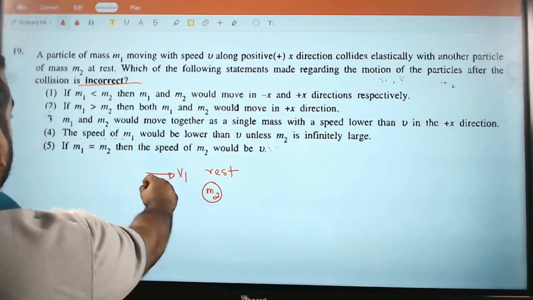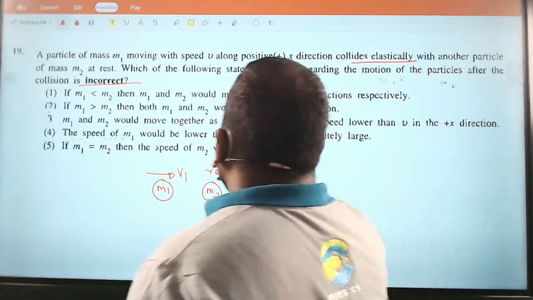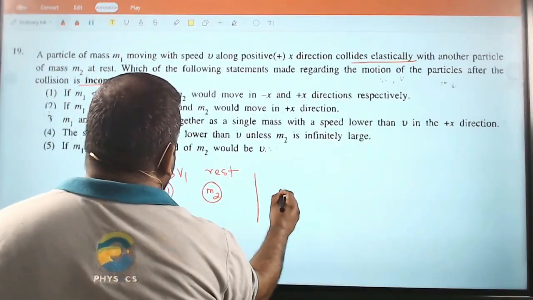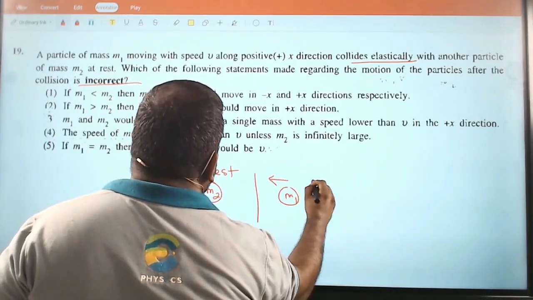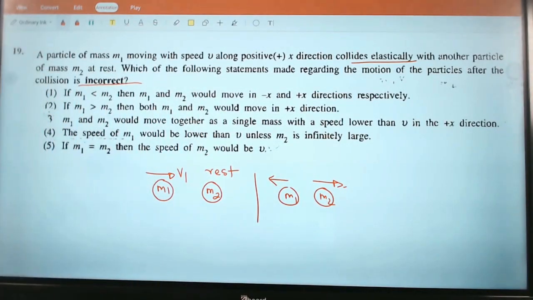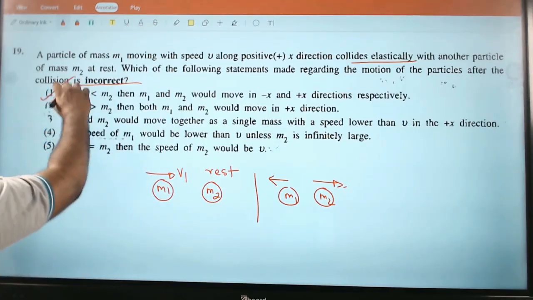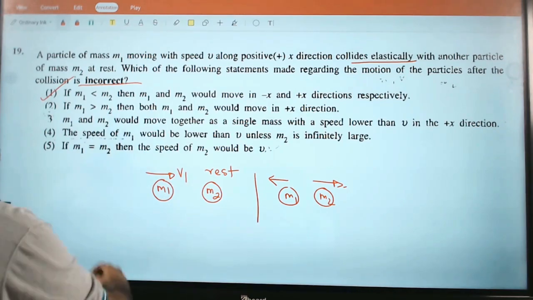If m2 is larger than m1, elastically, after collision both of them will travel in opposite directions. m1 and m2 will move in minus and plus directions. Statement 1 is correct. If m1 is larger than m2, both m1 and m2 will move in the positive direction. That's also correct.